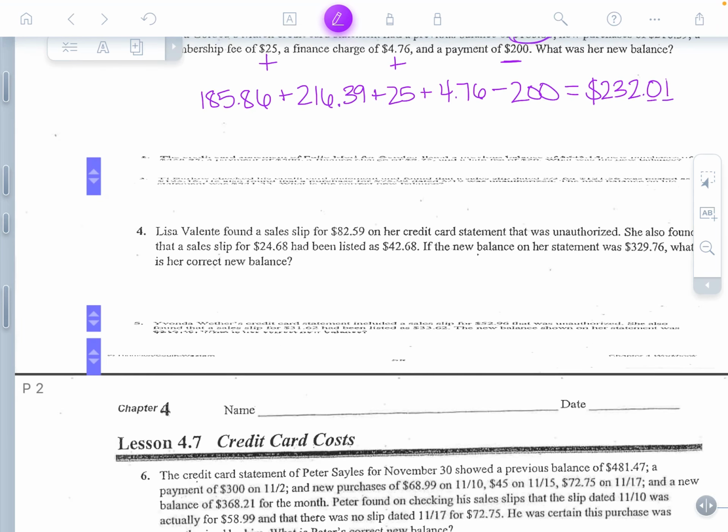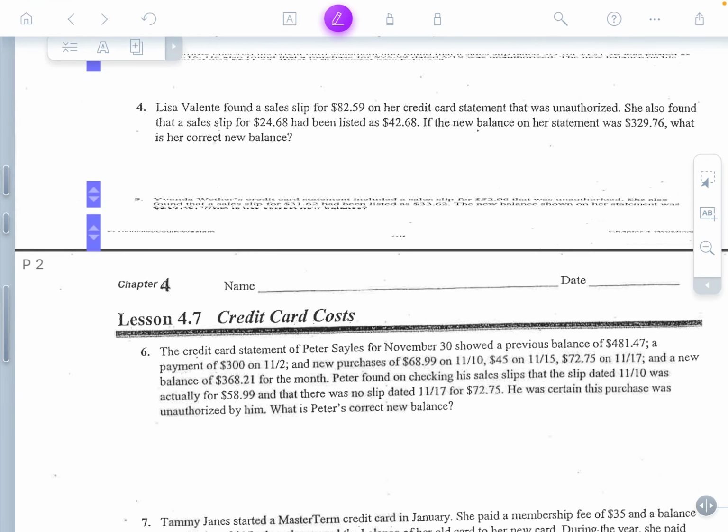We're going to go ahead and do number 4 as an additional example. Lisa Valente found a sales slip for $82.59 on her credit card statement that was unauthorized. She also found that a sales slip for $24.68 had been listed as $42.68. If the new balance on her statement was $329.76, what is her correct new balance?